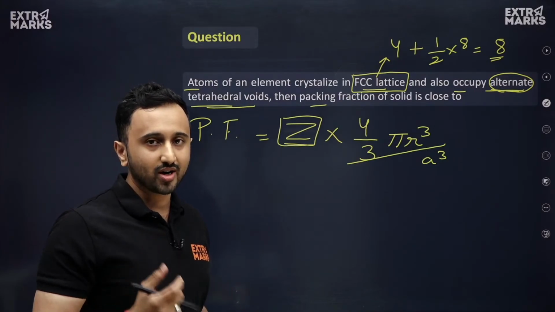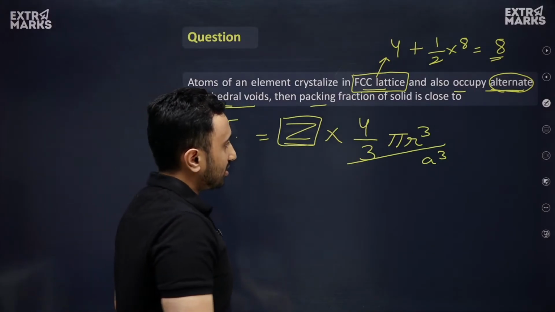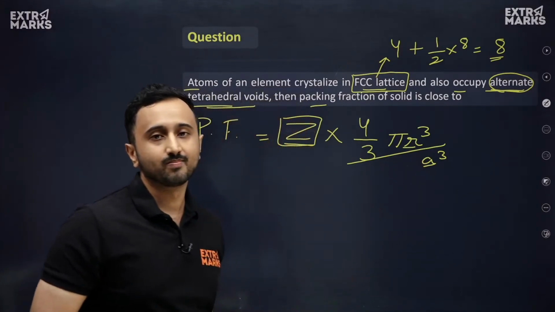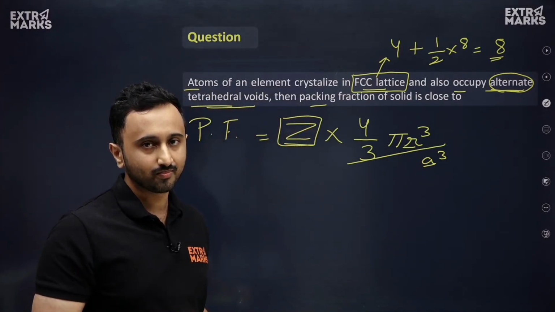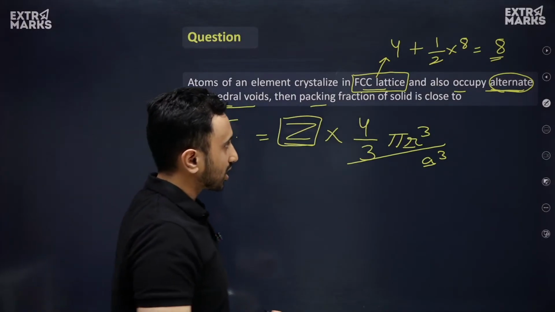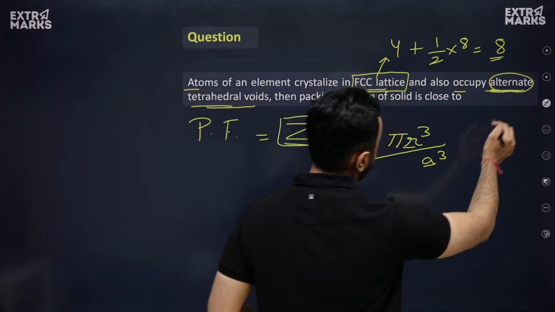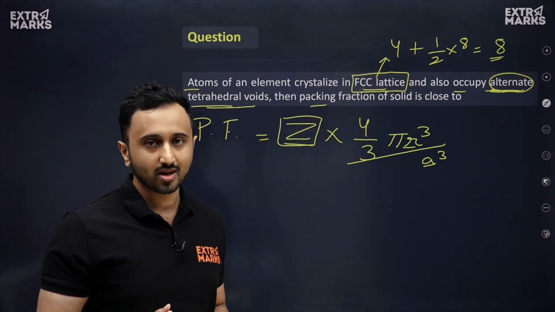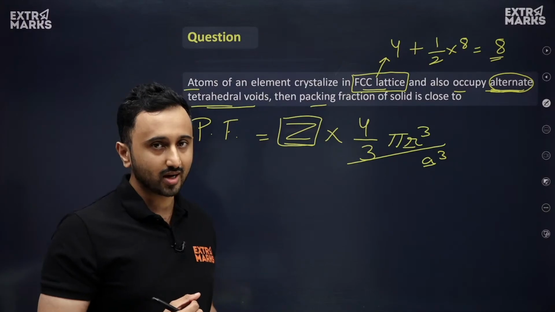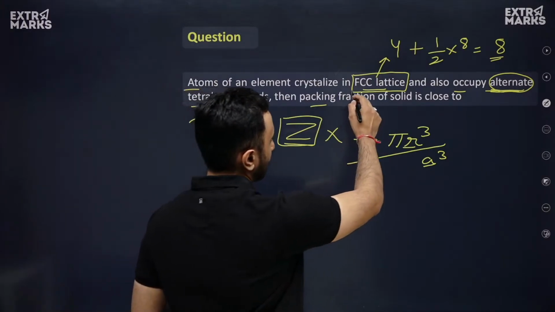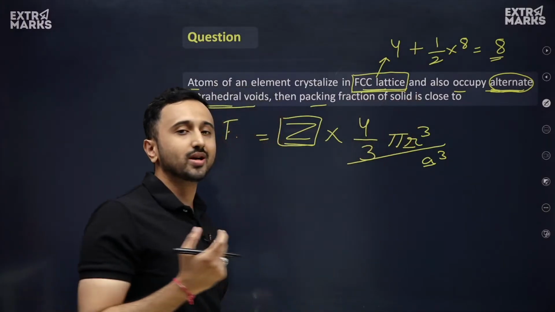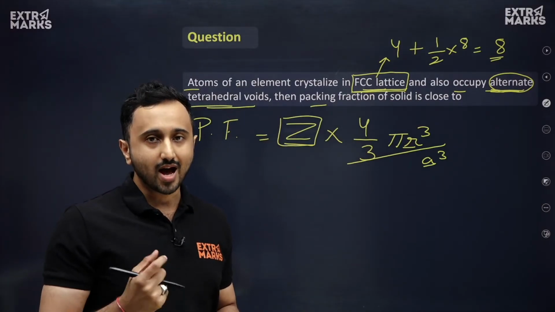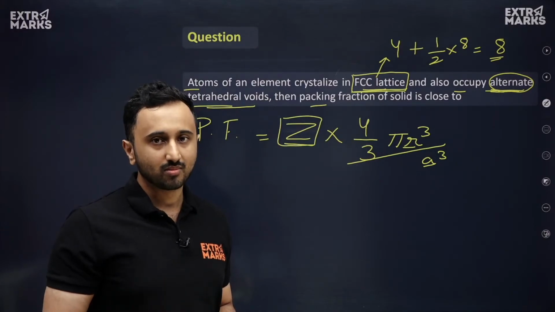Now to calculate the value, we will need some relation between r and a to cancel out these terms. Now how will we solve this? It's very simple. If they occupy alternate tetrahedral voids, that means atoms are placed at tetrahedral voids as well as corners, right? We already have an FCC lattice, so atoms are already placed at the corner positions. We also have atoms at tetrahedral voids.